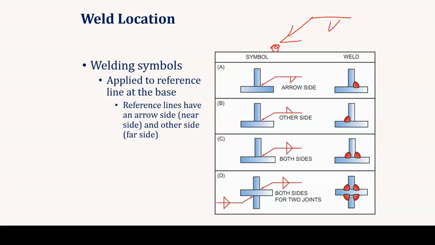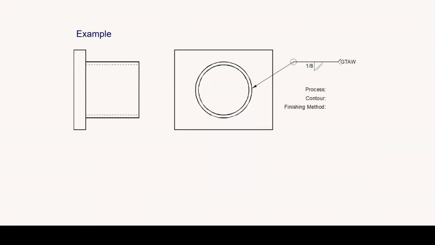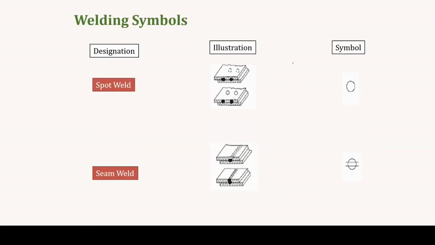If the triangle is on the above side, it has to be the opposite side. If on both sides, we have to weld on both sides. So this will be represented in your engineering drawing itself. And these are the different welding symbols which represent butt welding, fillet welding, plug welding, spot and seam welding.